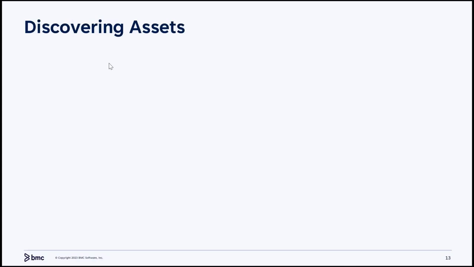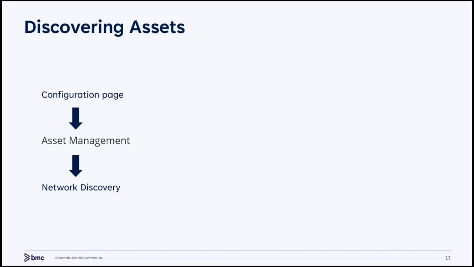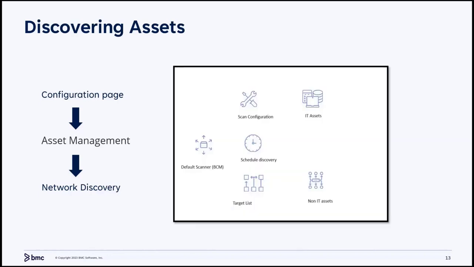Once the integration between BMC Client Management and Trackit is successful, you could then proceed with the network scan using the network discovery option found on the configuration page in Trackit. The BMC Client Management server that is configured in Trackit is set up as a default scanner. It discovers both IT and non-IT assets and populates the discovered assets in Trackit. All scanners configured in BMC Client Management are displayed on the network discovery page.